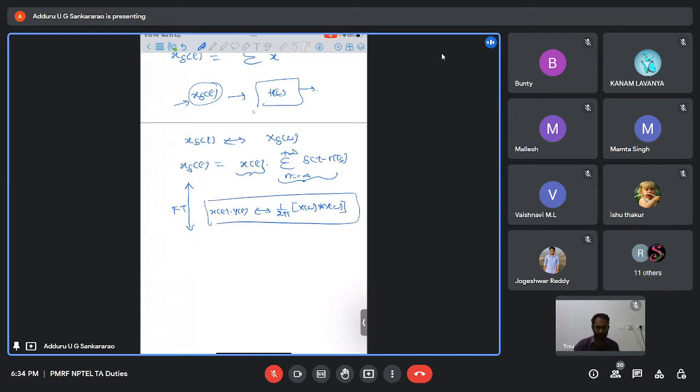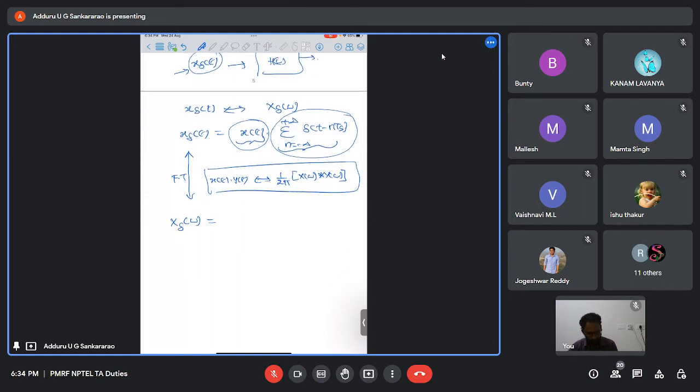In the same way, to find the Fourier transform of this, X delta of omega, treat this as one signal and this as another signal. The product in the time domain becomes convolution in the frequency domain.